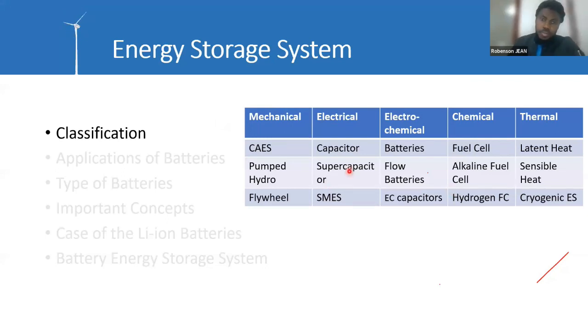There are mechanical, electrical, electrochemical, chemical, and thermal energy storage systems. And in today's class, we are going to focus on the electrochemical energy storage system, where we find the batteries, the flow batteries, and the electrochemical capacitors.